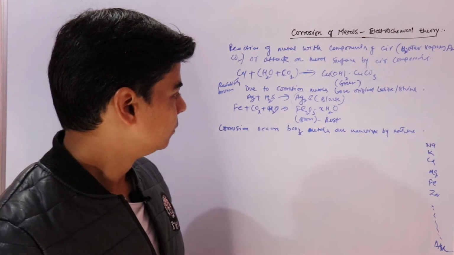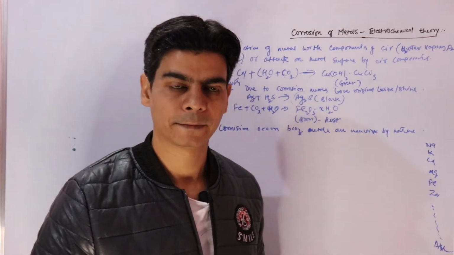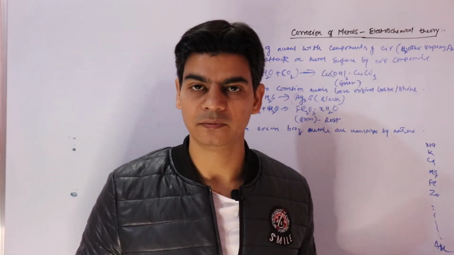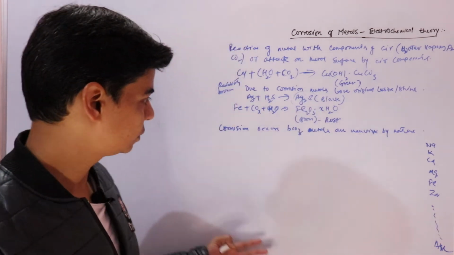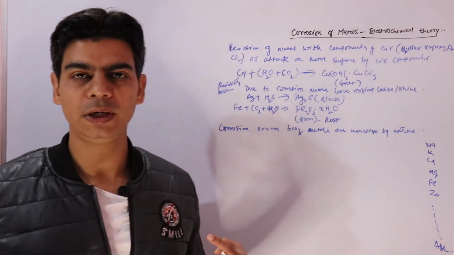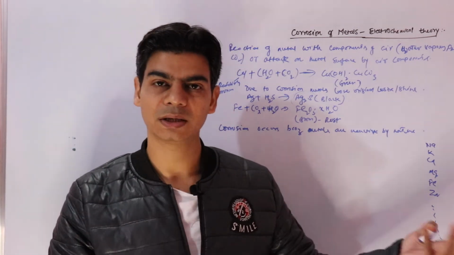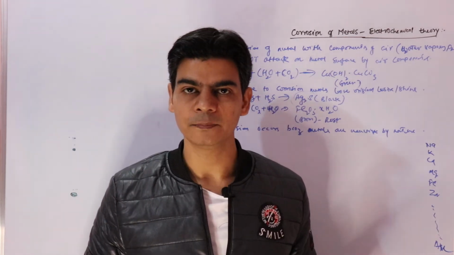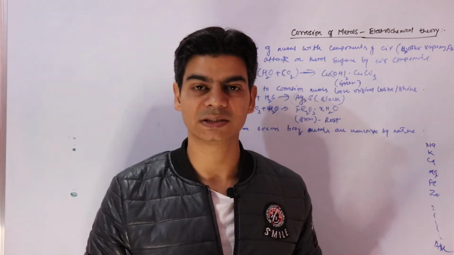And we know that gold doesn't get easily corroded. Why? Because gold, being a very less reactive metal, doesn't react with components of air, right? So that is why people who wear gold jewelry, the gold jewelry doesn't get turned into some other compound, or we say that gold doesn't acquire any other color when exposed to air, because it doesn't react with the components of air like silver does.